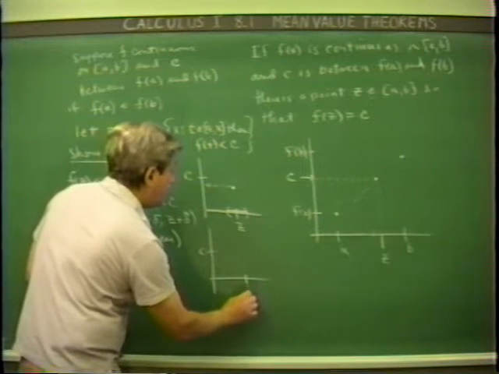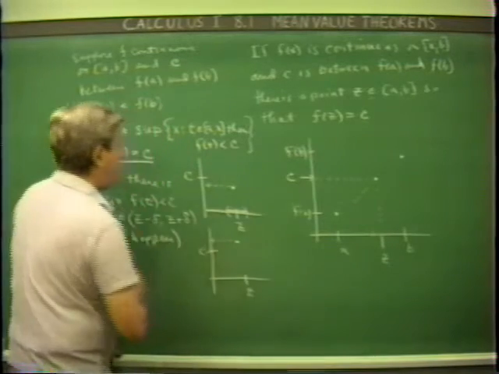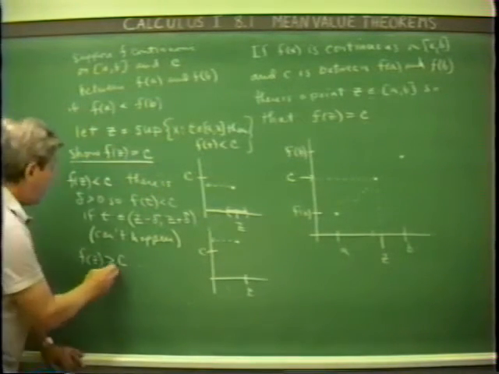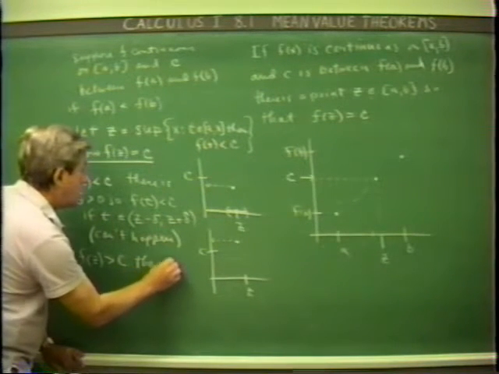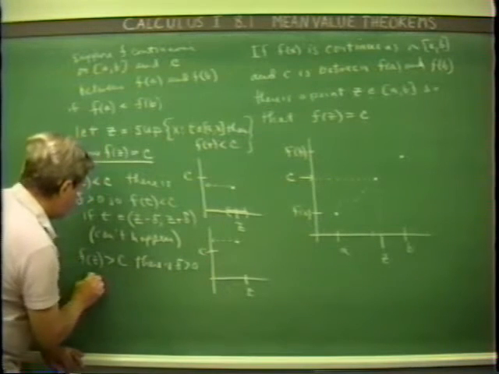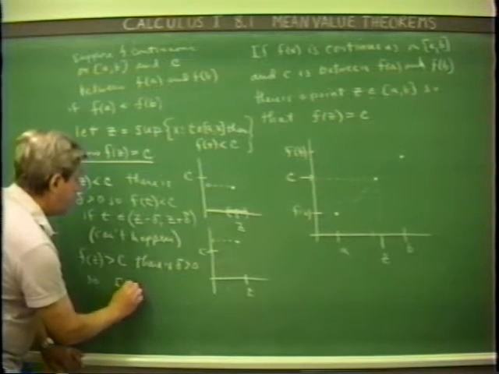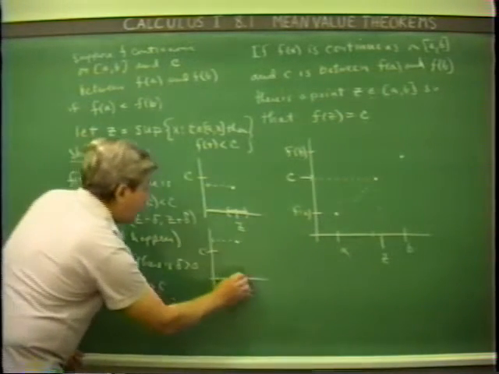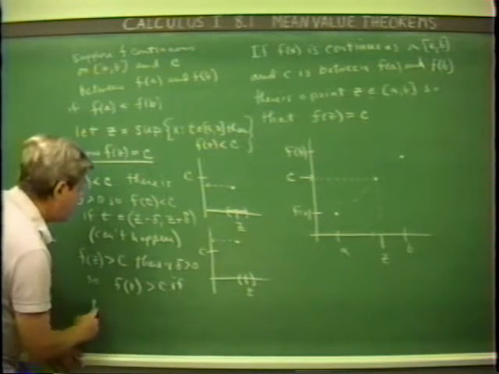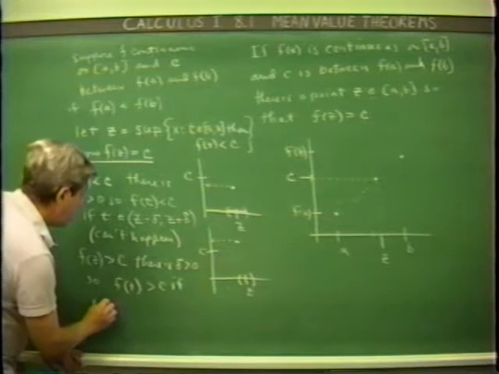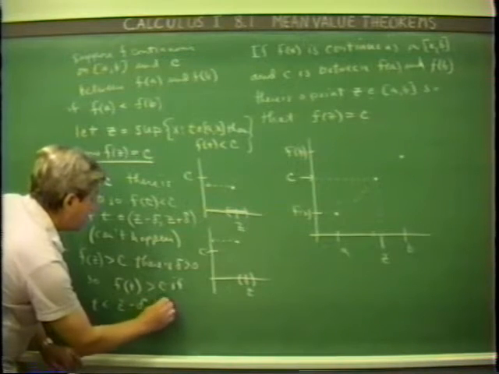Here's C. Here's z. f of z would be strictly greater than C. If f of z is greater than C, though, again there is a delta greater than 0 so that f of t is greater than C in the interval that consists of t between z minus delta and z plus delta.